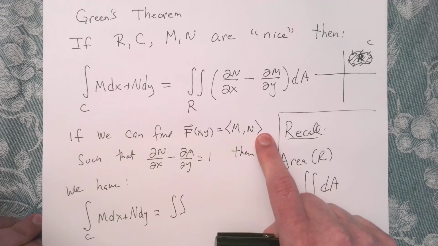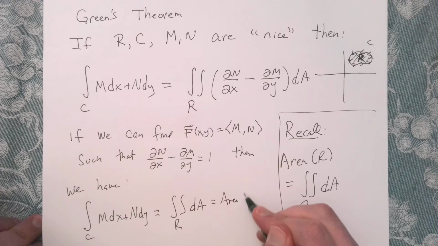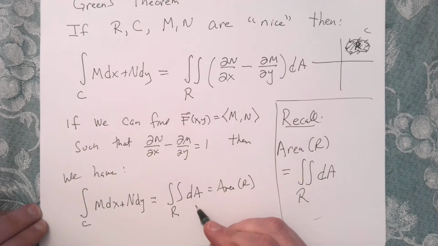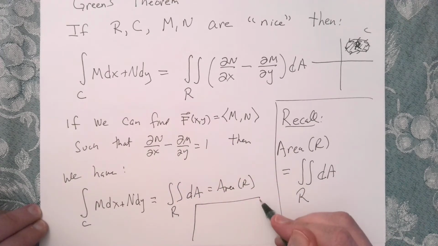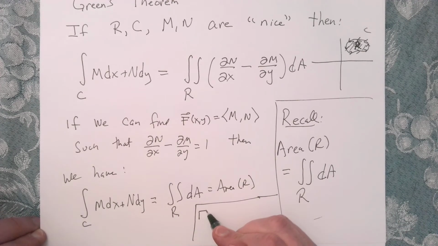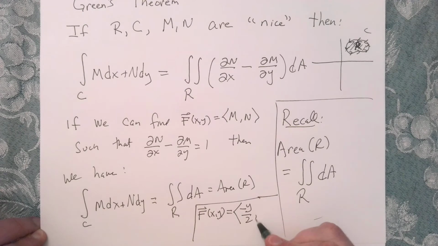Okay, so suppose we do have such a vector field, then this line integral is equal to the double integral over R of 1 dA. But that's exactly the area of R. And so the classic choice of a vector field that has this property, and again, as I mentioned before, there's many that have this property, but a classic choice is this vector field.